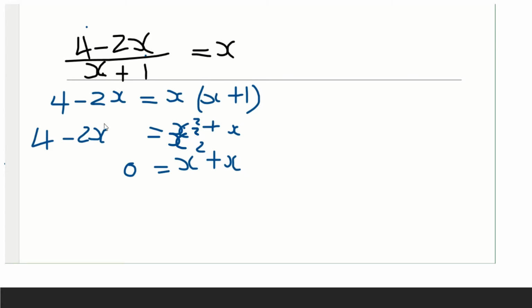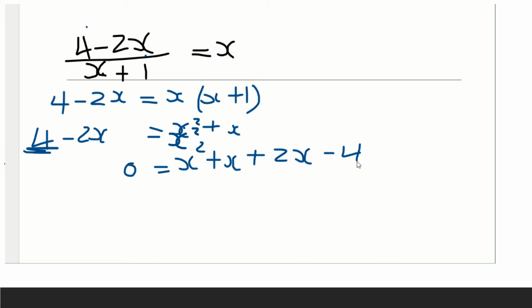We're taking over our negative 2x, so we're going to be left with positive, so we have plus 2x, and we're taking over our positive 4, so when we take it over, we're going to be left with negative 4.